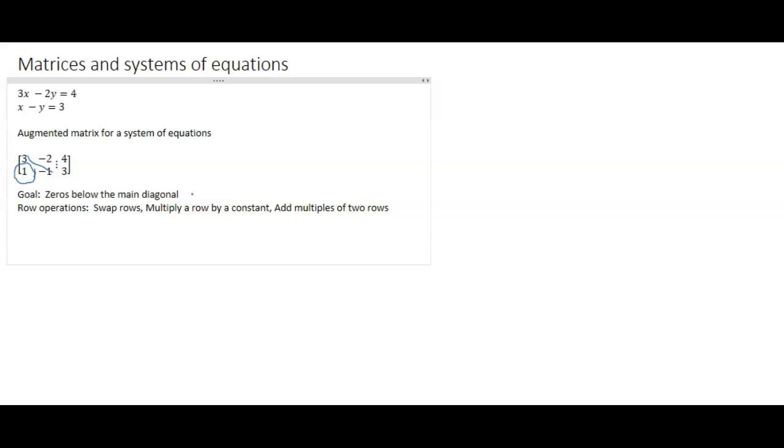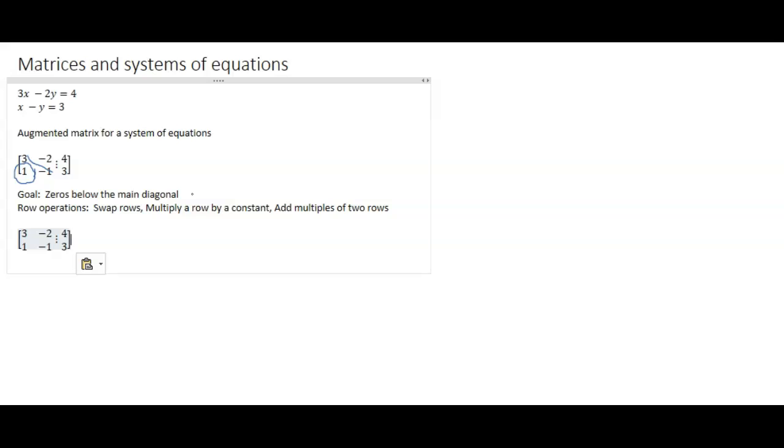Well, let's see. Here's my augmented matrix. I'm going to cheat and copy and paste, because even with all the arrows up and down, it's still faster, I think. There it is. I want to make that 1 into a 0. Well, that's in the x column, so we can think of eliminating the x's. What would we do to eliminate the x's in that system of equations?